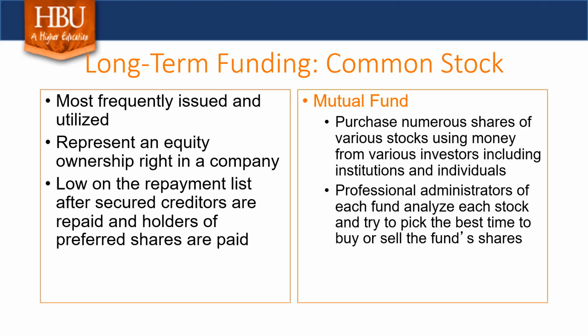What happens? Professional administrators of each fund analyze each stock and try to pick the best time to buy or sell the fund's shares. Also low risk. Those involved in common stock and mutual funds are involved for the long haul. The return on their investment is a long-term deal.